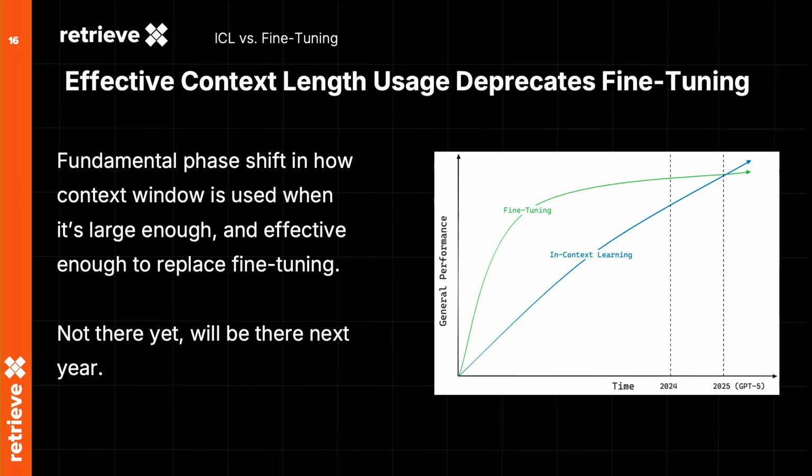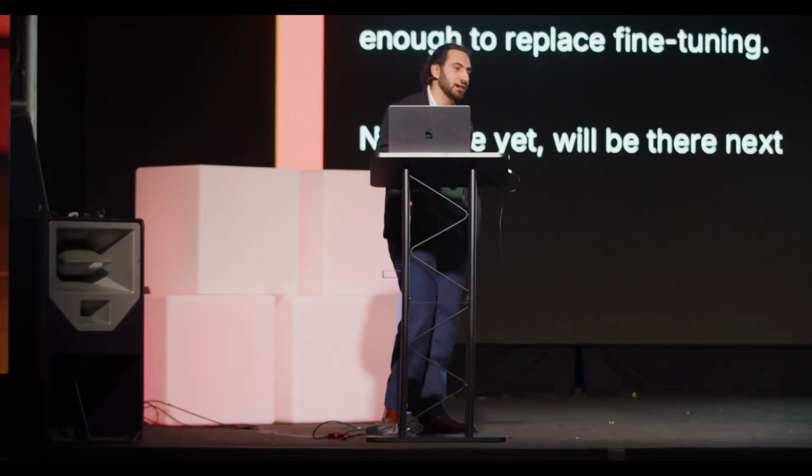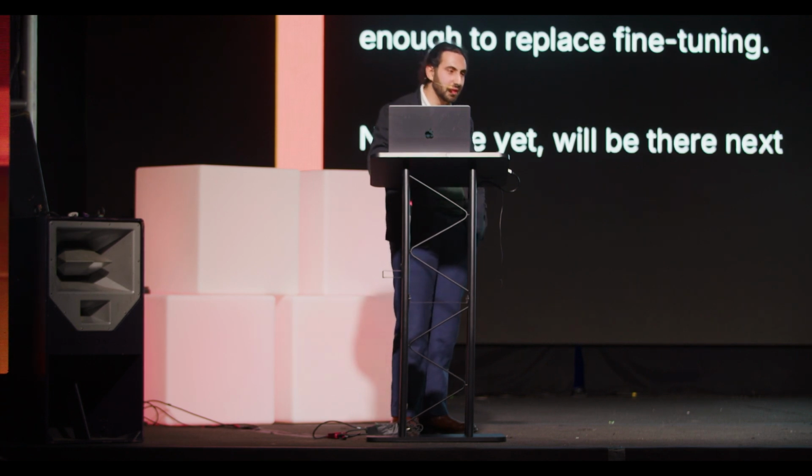At some point, just doing in-context learning, where you prefix your examples, will allow you to get better results than fine-tuning your own model. Of course, this is not true yet, but personally, I believe it will be true with GPT-5. And the moment that this happens, fine-tuning as a mechanism of customizing models, I think, will disappear. Probably not in open source, but for big companies like Anthropic and OpenAI, it likely will.